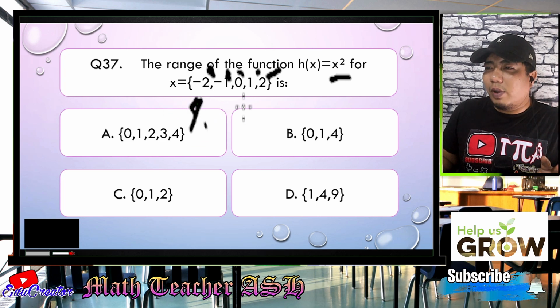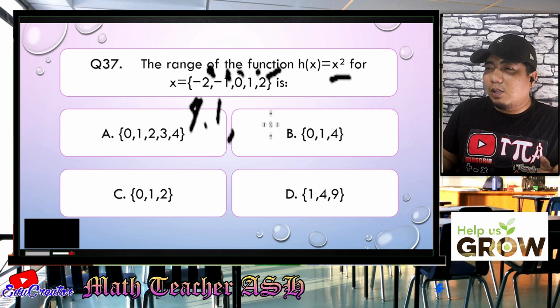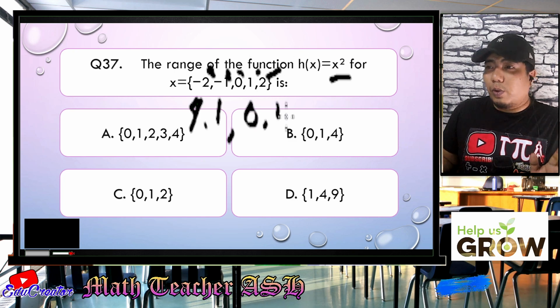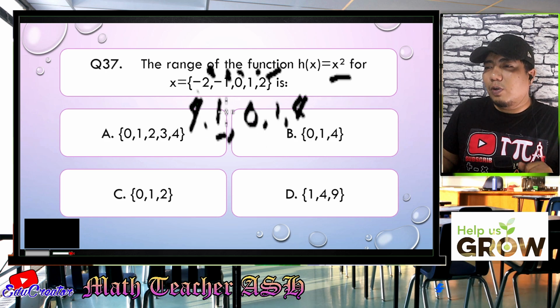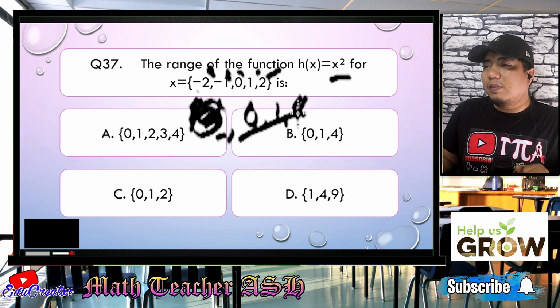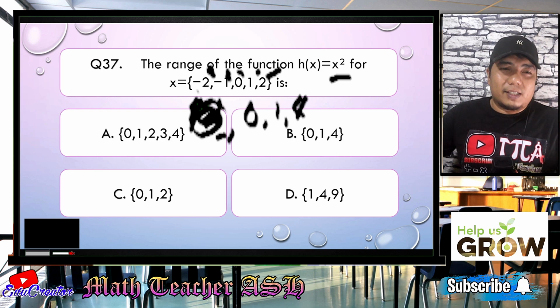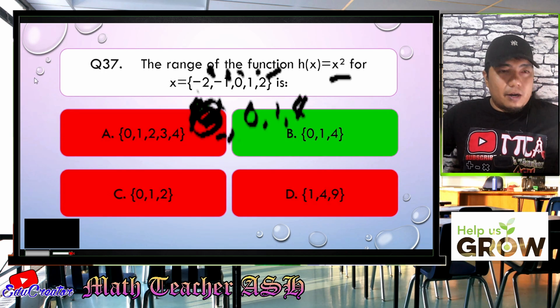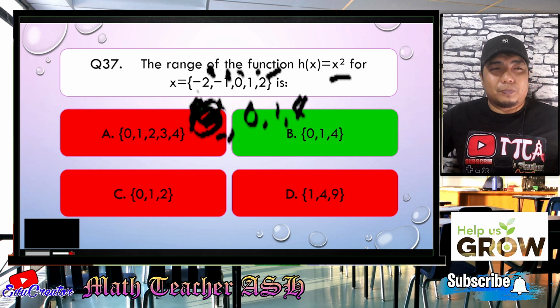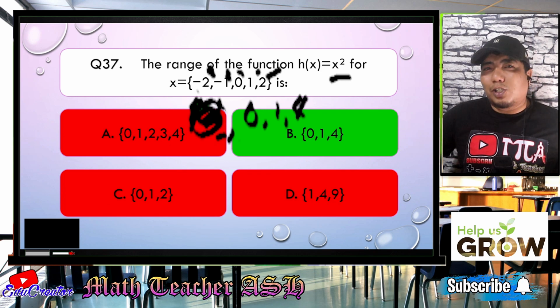Negative 1 squared would be positive 1. 0 squared is still 0. Positive 1 is still 1. 2 squared is 4. So the repeating numbers are 1 and 4. So you can delete those and you have 0, 1, 4. So that is letter B. Alright, we are correct, my dear math learners. Easy, right? Very easy.